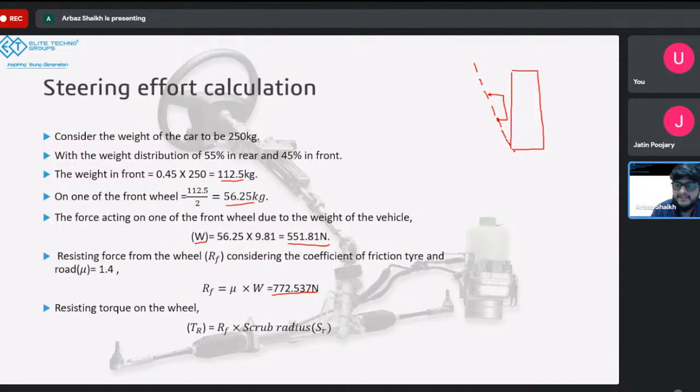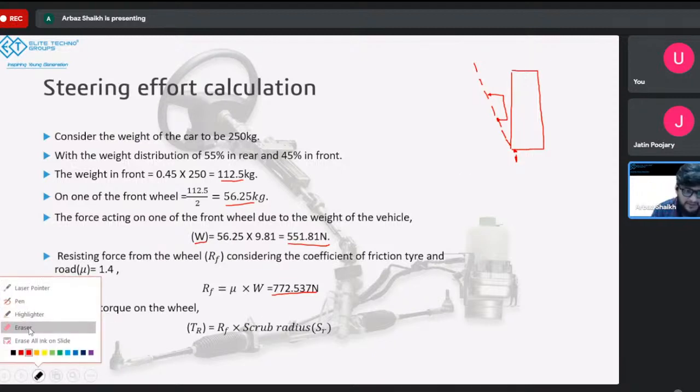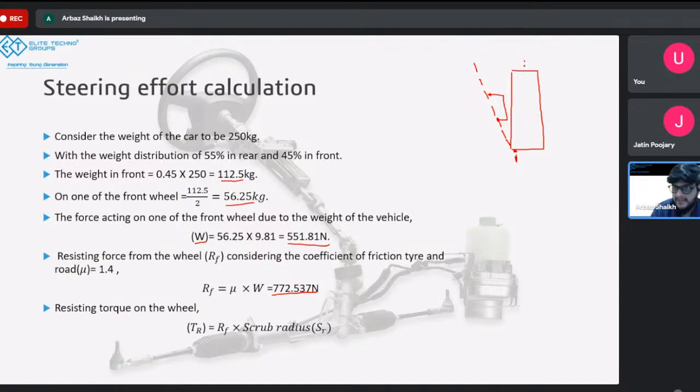And wherever this axis touches the ground, the distance from that point to the center point of the wheel, let me just erase this line, this should be the center line of the wheel, a straight line coming down from here. The distance between these 2 points will be the scrub radius.